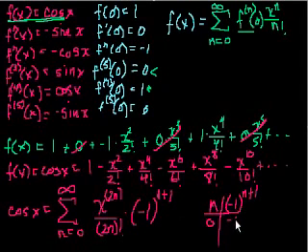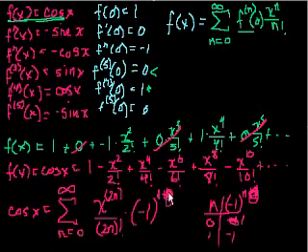It would be minus 1. Oh, no. It should just be negative 1 to the n. Right, because when it's 0, negative 1 to the 0 is 1. When it's 1, it's negative 1. So this will work out.